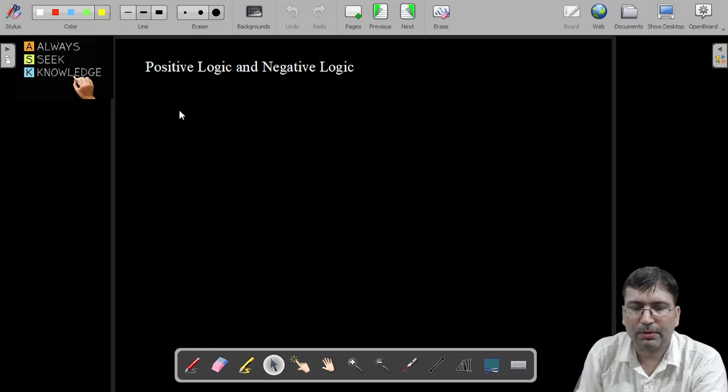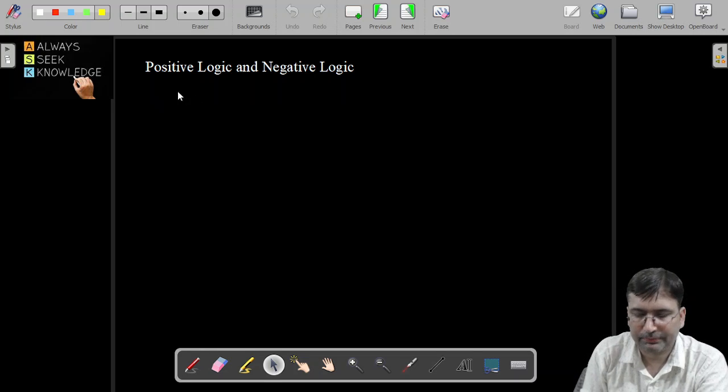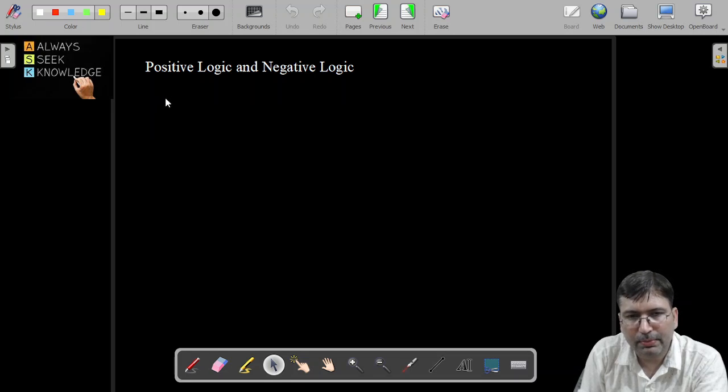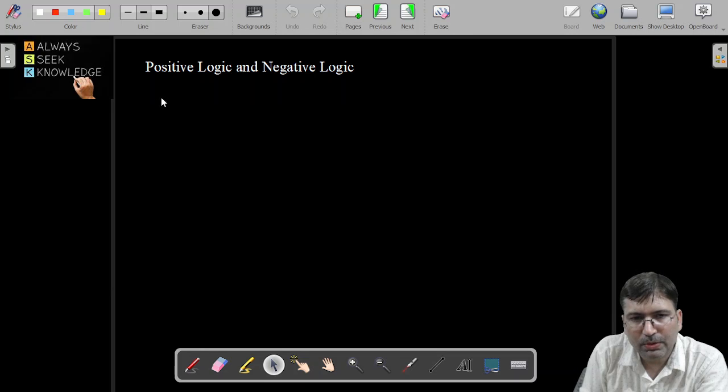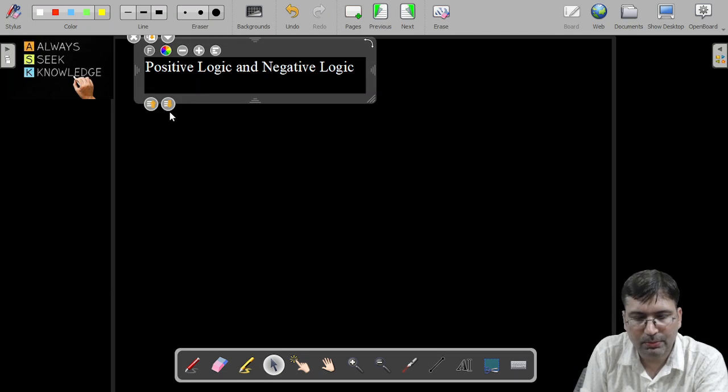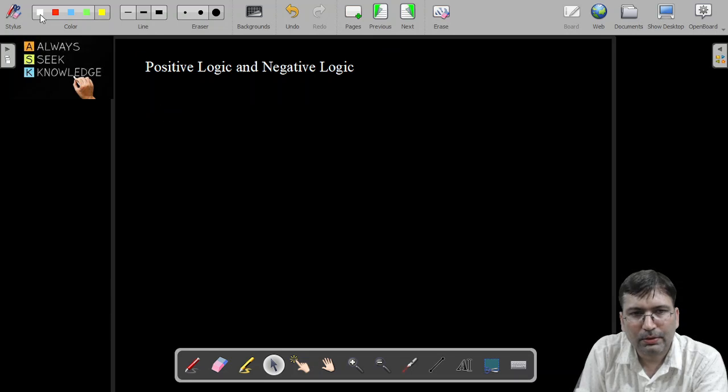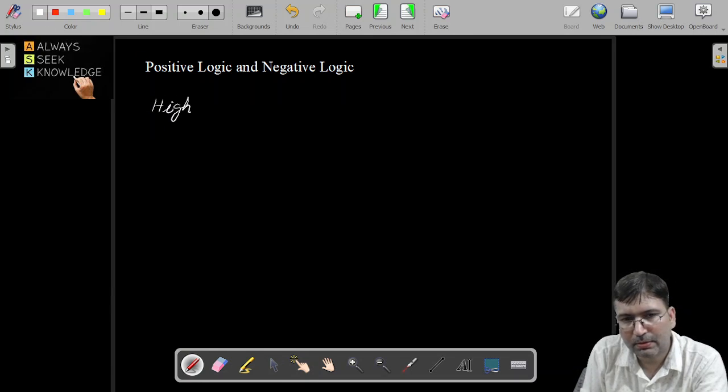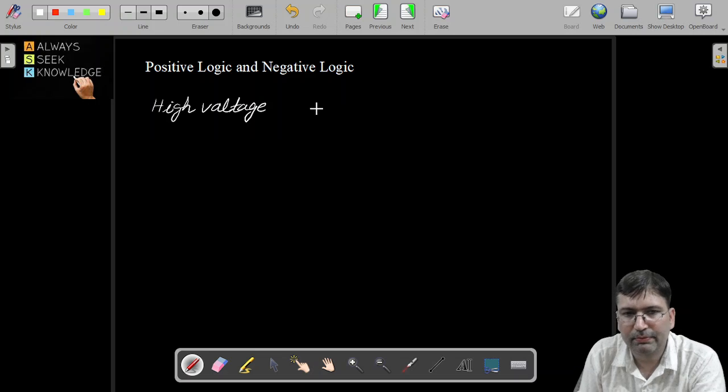In digital electronics, in terms of binary variables, there are two things. We may have high voltage, maybe +5 or low voltage maybe -5.